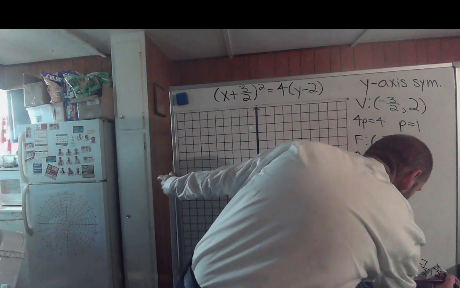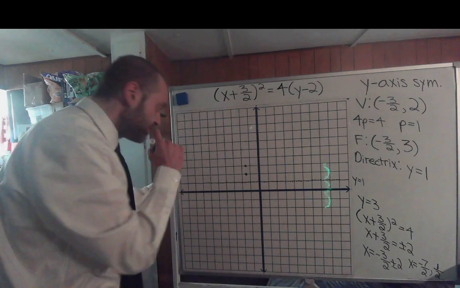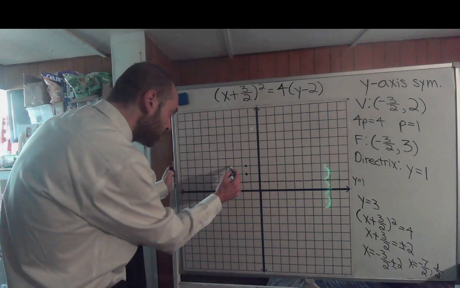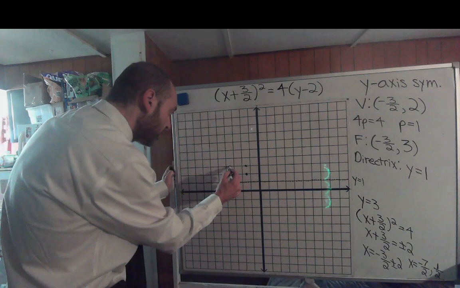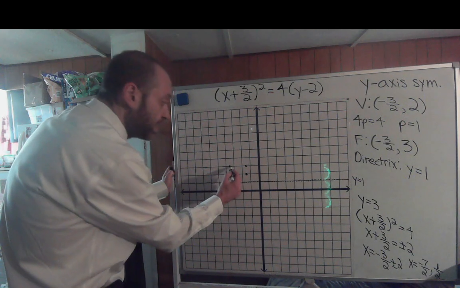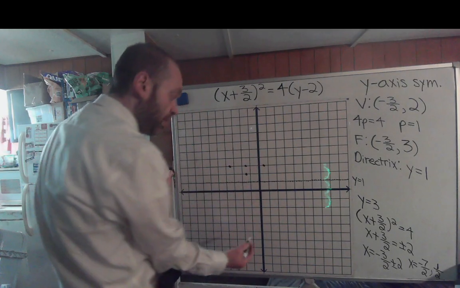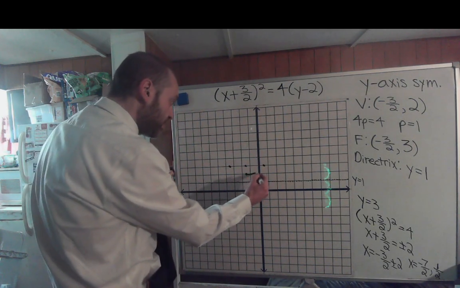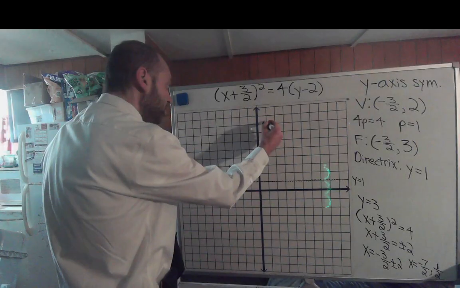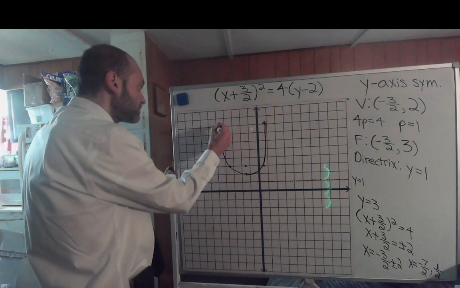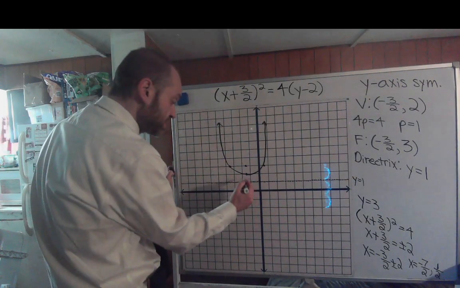So I'll have x coordinates of -7/2, which is -3.5, right here. And then I'll have x equals positive 1/2 right here. Now I can get a nice, fully accurate picture of this parabola. And there is my parabola.